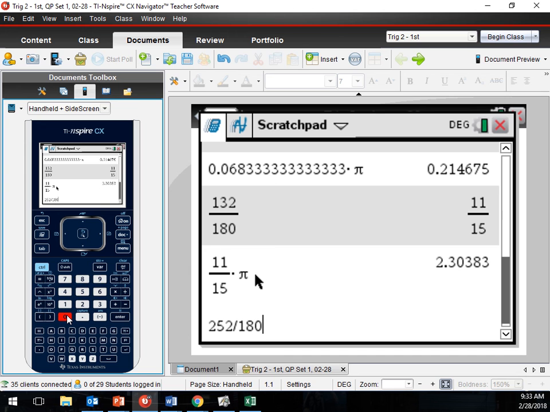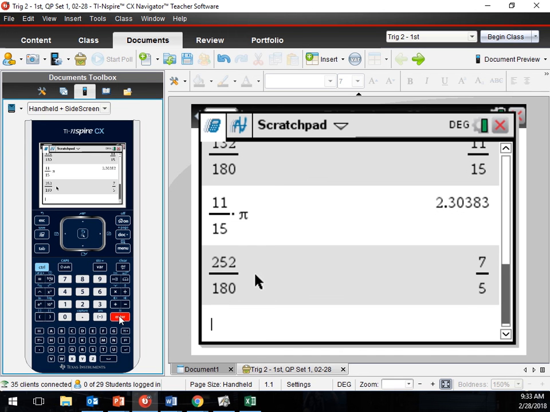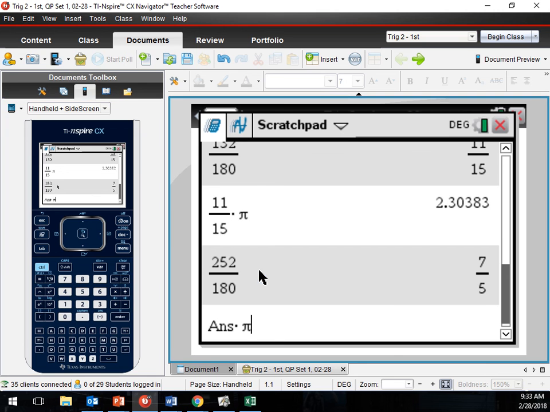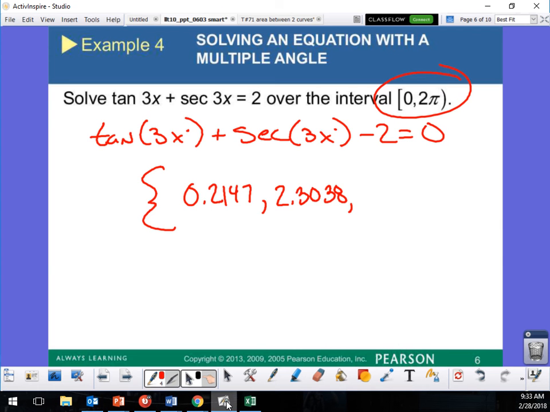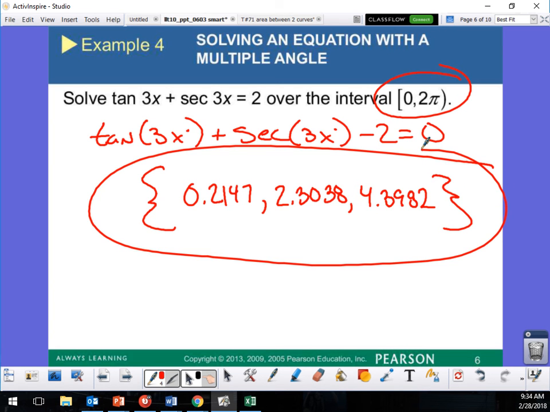Over 180, and then times my pi. And so that's going to be 4.3982. Make sense?